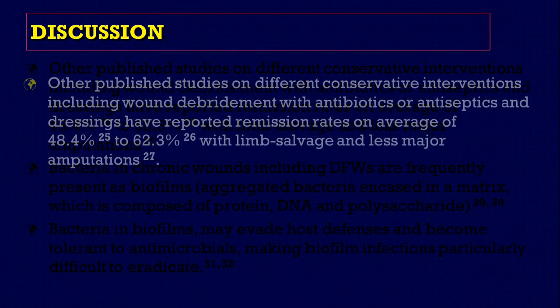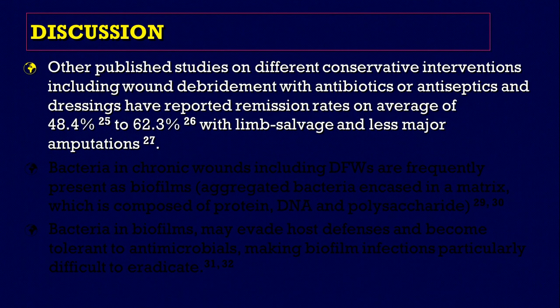Discussion. Other published studies on different conservative interventions, including wound debridement with antibiotics or antiseptics and dressing, have reported remission rates on average of 48.4 to 62.3% with limb salvage and less major amputations.